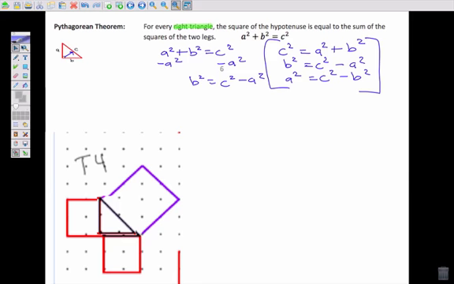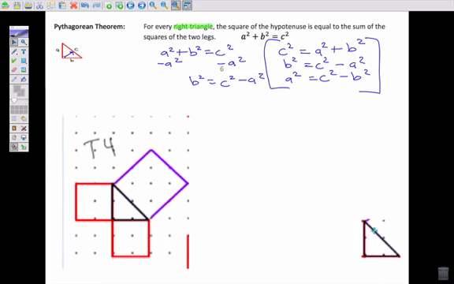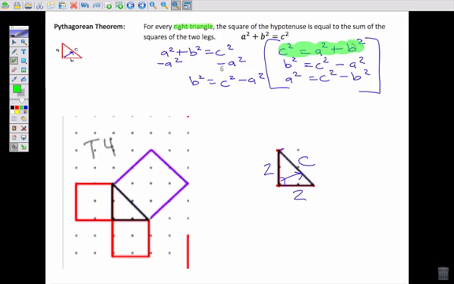Okay, so here's what this theorem actually says, to recap. I'm going to take a look here at triangle 4, and the fourth triangle was a 2 by 2 triangle. If we wanted to find the length of C, the hypotenuse, which is across from the right angle, we would use this equation: C squared is equal to A squared plus B squared.